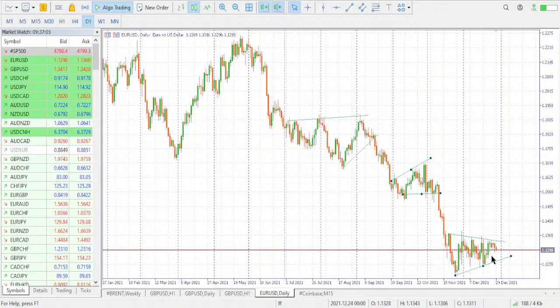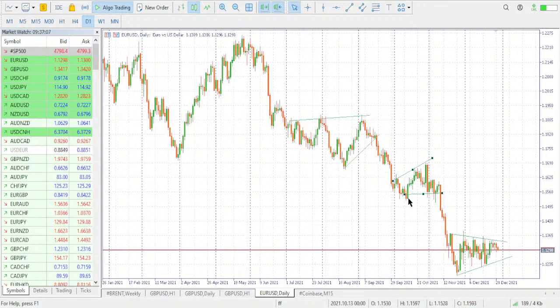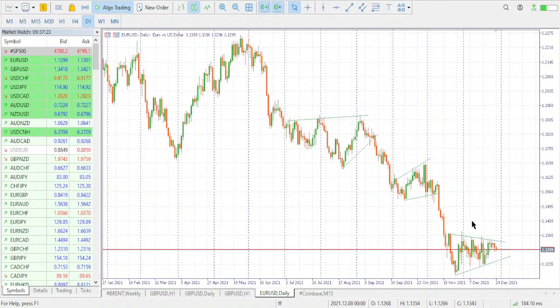This is what we are seeing so far. We have some shape here. This was a contracting wedge formation, and the price broke below it. It continued down and formed an expanding wedge formation. Then it continued even lower, and then it formed a contracting wedge formation.